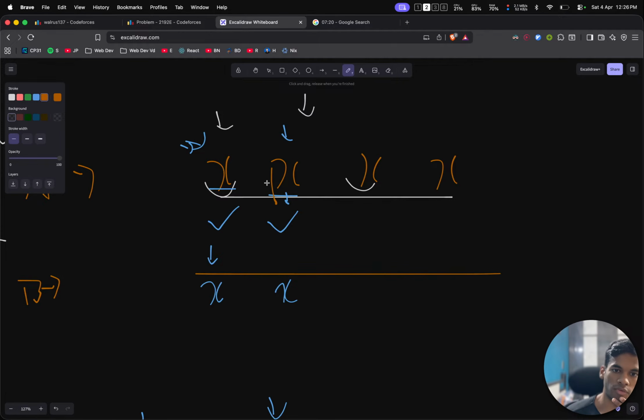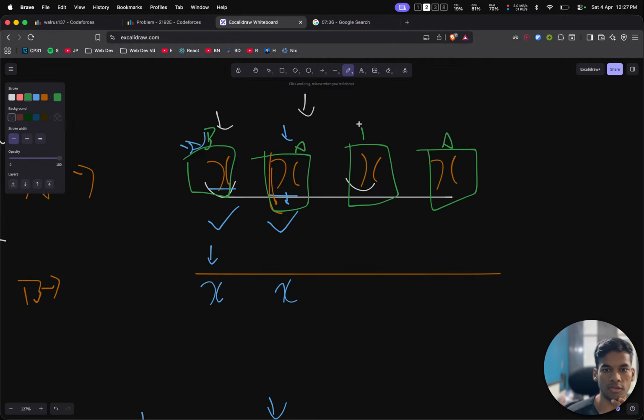Because in the final solution we need this and this to be in one array, and this and this to be in the other array. They don't specifically have to be in A. They can be changed, but they have to be in the same array whatsoever.